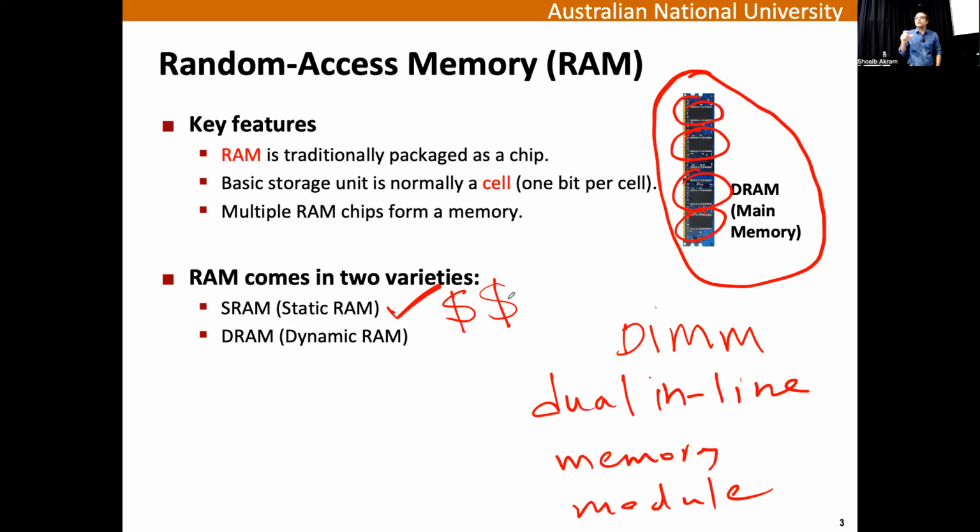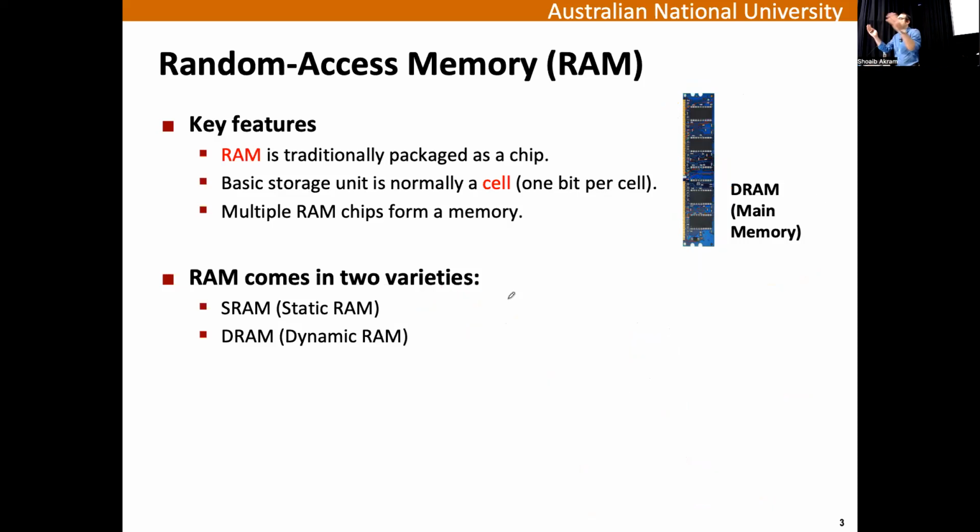Anything that is close to the processor, close to the CPU, like a register file, any register, and we'll look into caches in a little bit, we use this static RAM technology because it is really fast. And outside the processor, when we connect the processor to physical memory, we use DRAM.